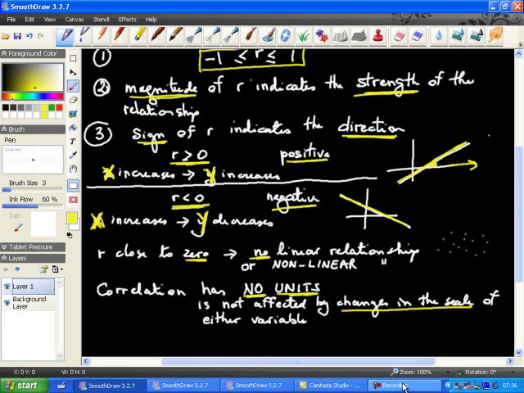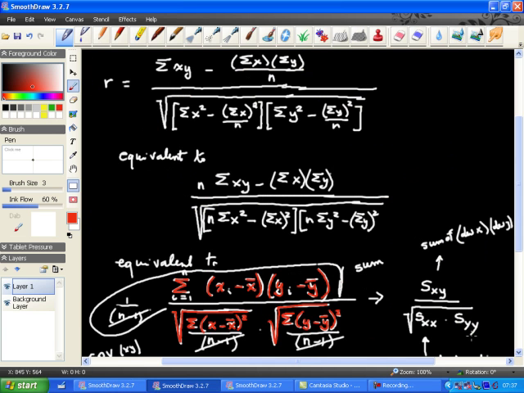The population correlation coefficient is a parameter which is called ρ, the Greek R. There are various formulas for the correlation coefficient, and they are all algebraically equivalent. The one that I like most is the one written here at the top, where R is equal to a big fraction: the sum of the products xy minus the sum of the x's multiplied by the sum of the y's divided by n.